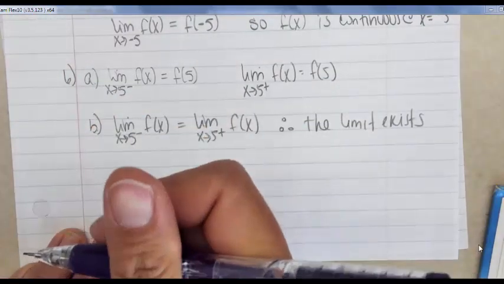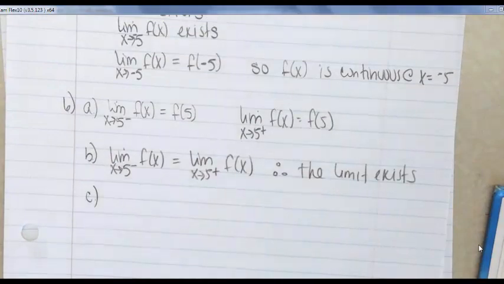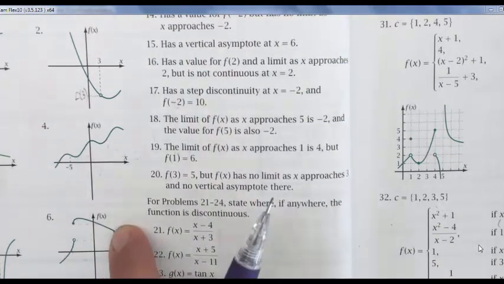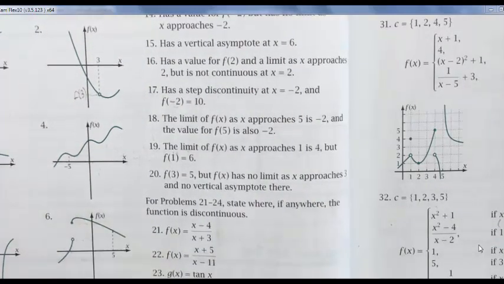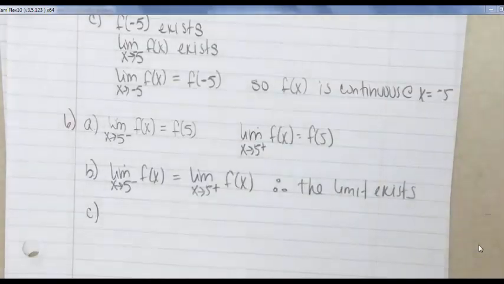And then we'll check for continuity. Once again, looking at those 3 points for continuity at a point, yes, f of 5 does in fact exist. The limit does exist. And f of 5 is equal to the limit as x approaches 5.